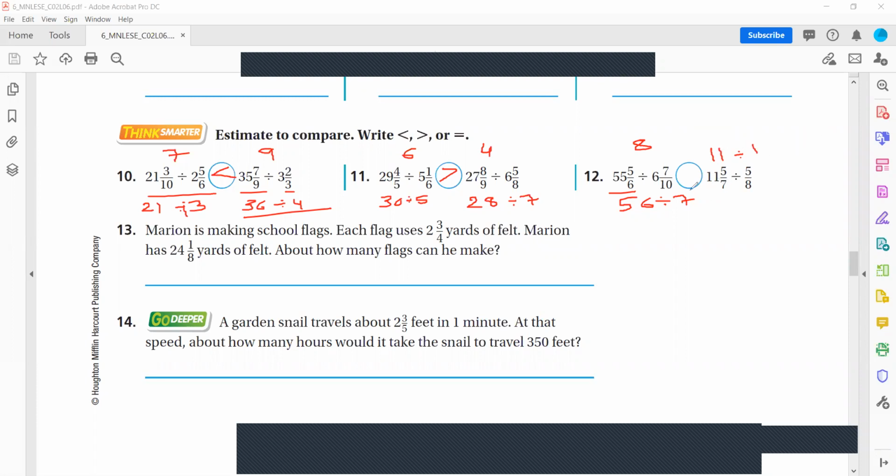So I get the answer as 11 only. If I say 11 divided by 1, what is the answer? It's 11, right? This is right. Understood?